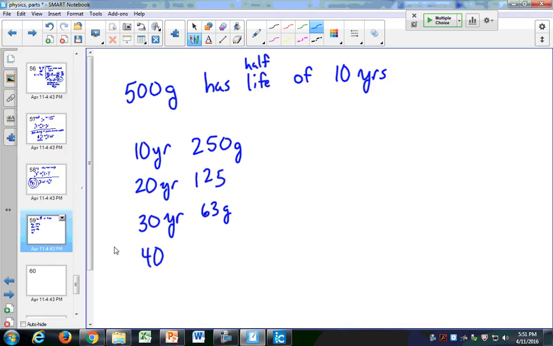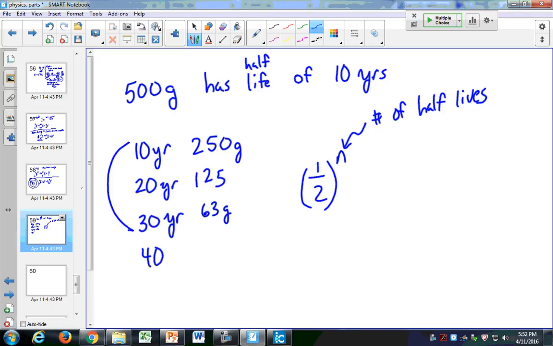You can think of the amount of substance remaining as (1/2) raised to an exponent n, where n is the number of half-lives. So if I have 3 half-lives, I'm looking at (1/2)^3, which is equal to 1/8. So I'm down to 1/8 of my original substance.